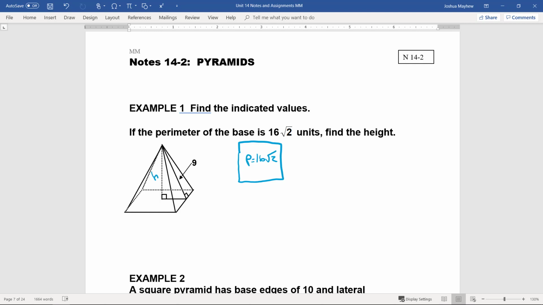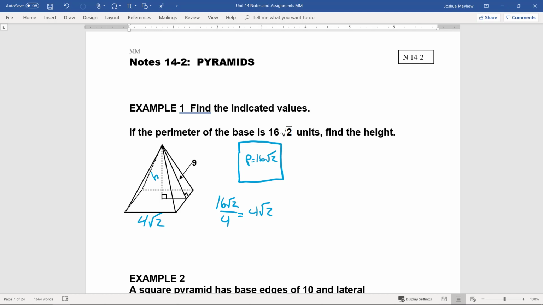Ultimately, we want to find what the height is. If it's a square and the perimeter's 16 square roots of 2, if we divide that by 4, then the dimensions of the base are 4 square roots of 2.